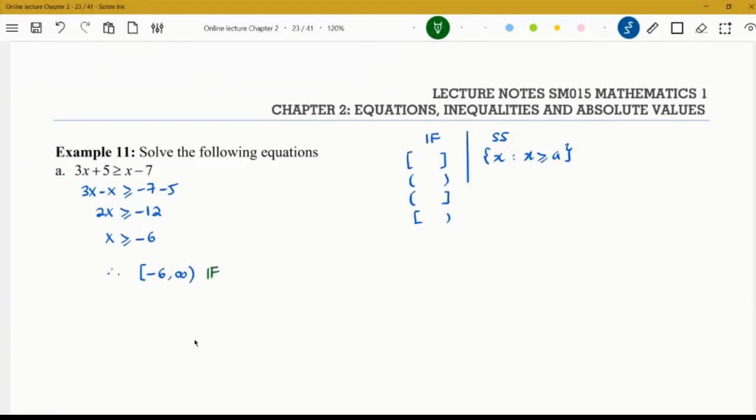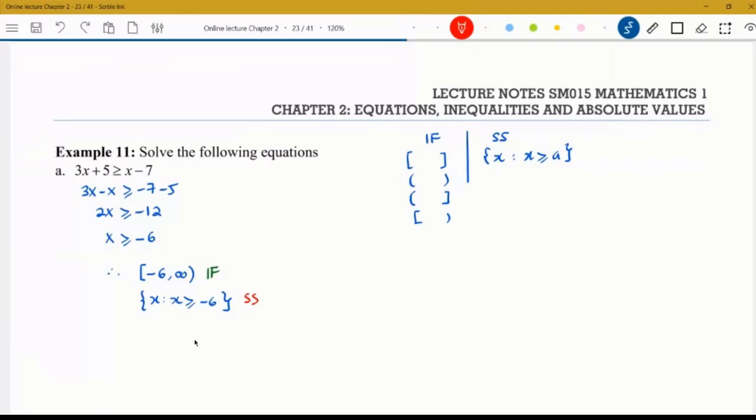If you want to write in set solution ataupun soalan minta specific in set solution, we gonna have x double dot, salin balik inequalities di sini, and then you have to put curly bracket. So this one is a set solution. Okay, either one. You want to write in term of interval form boleh, in set solution pun boleh.